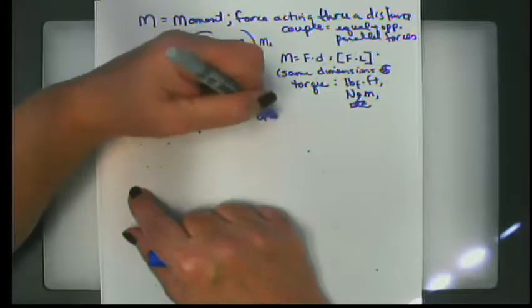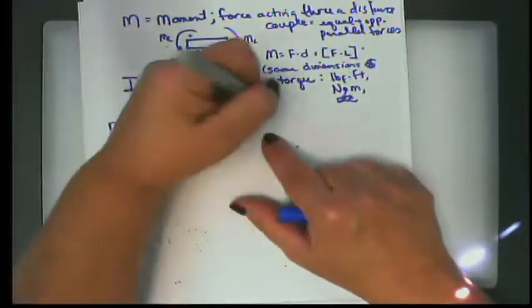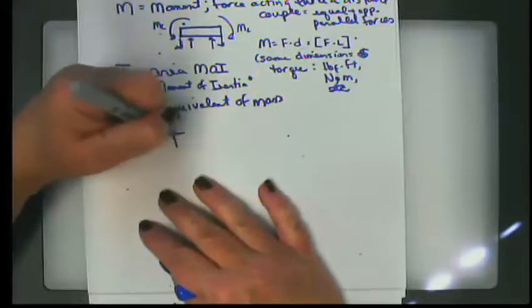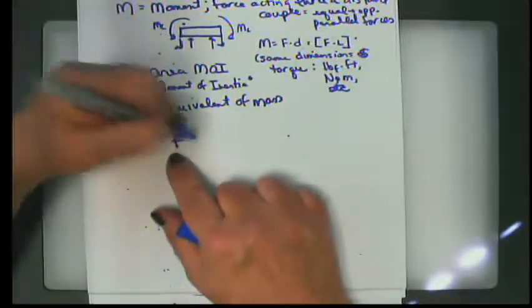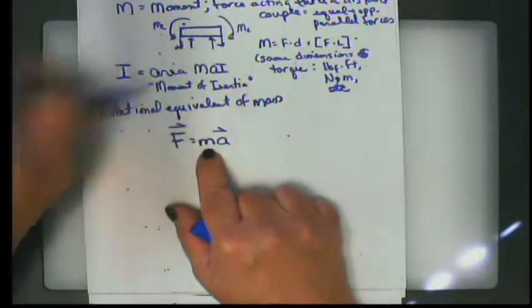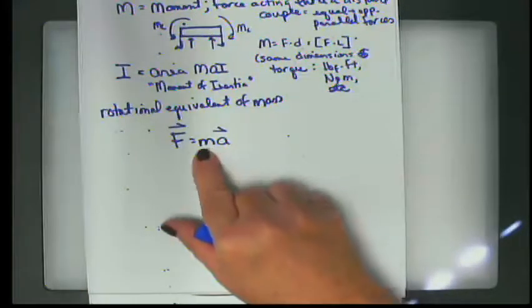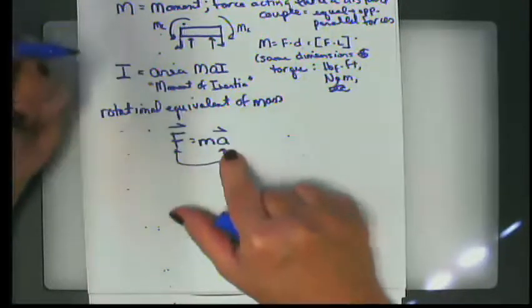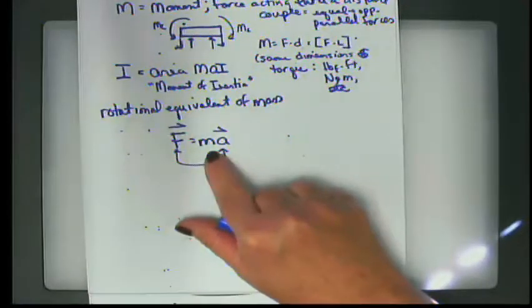of mass. So when I say that, what I mean is, let's look at Newton's second law. Force as a vector is equal to the scalar mass times acceleration. So what that means is, if you think about it, for a given force, acceleration is greater the less that mass is, right?